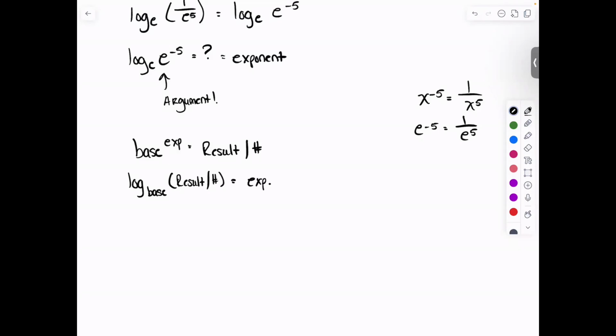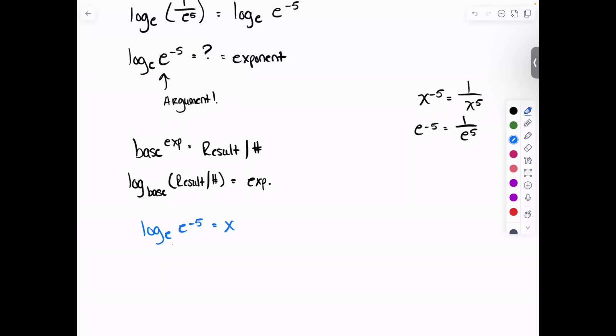If we go back to this particular situation, I'll write it a third time for clarity. What is this value? An easy way to look at it is to call this x.